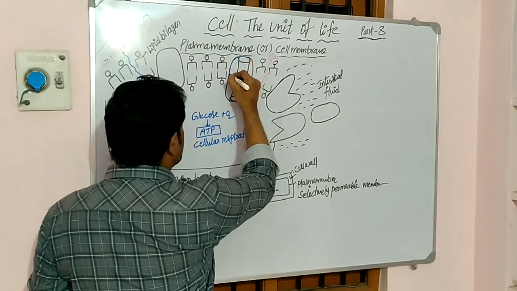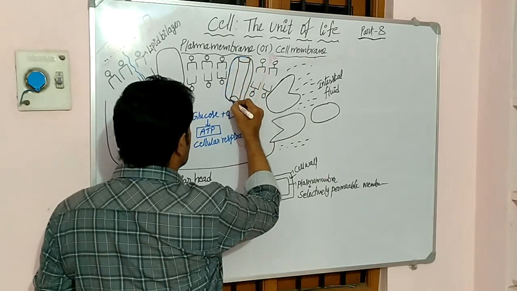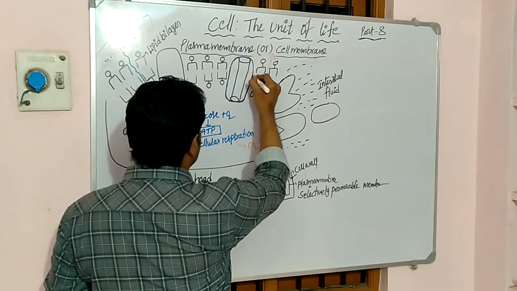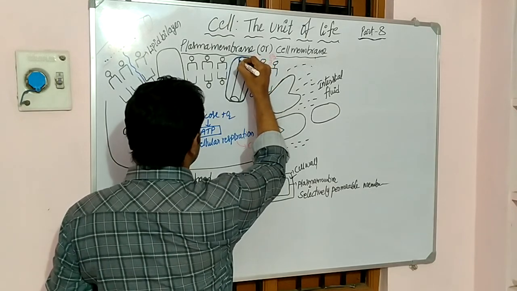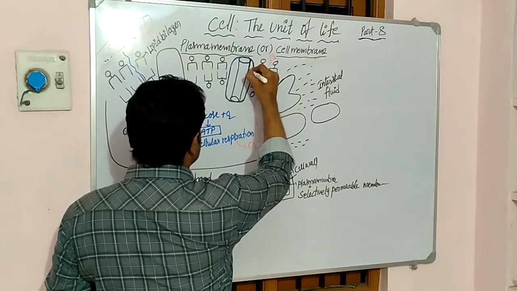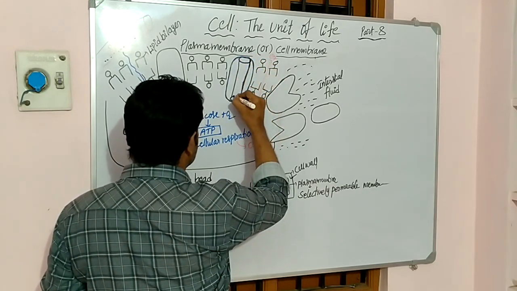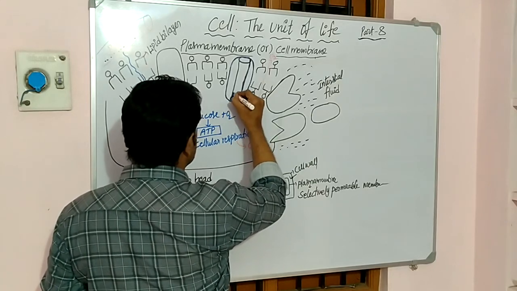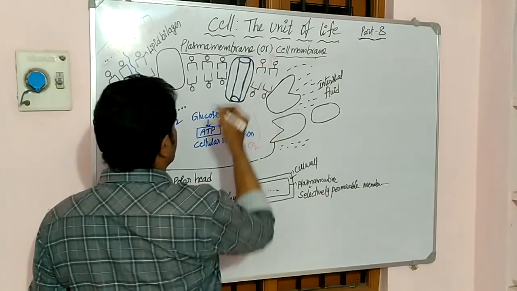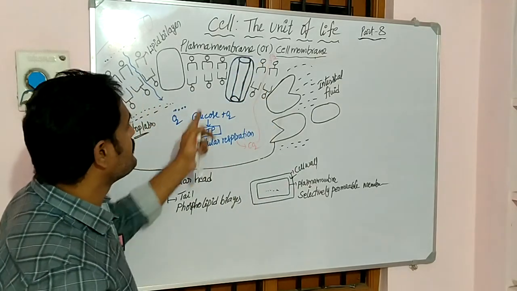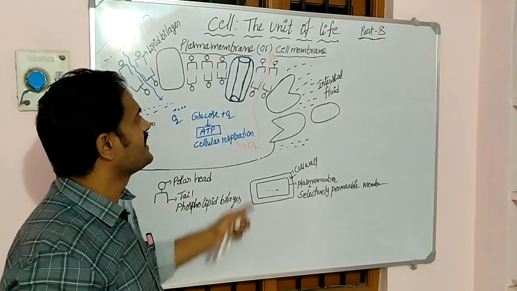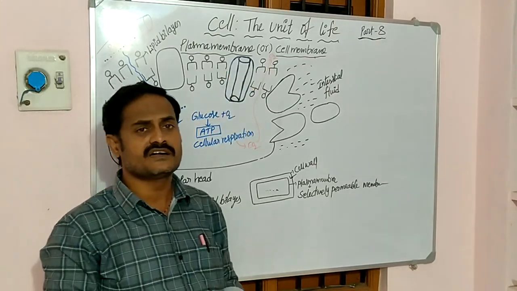This protein is called the channel protein. This kind of protein which is present in between the lipid bilayer is called what?